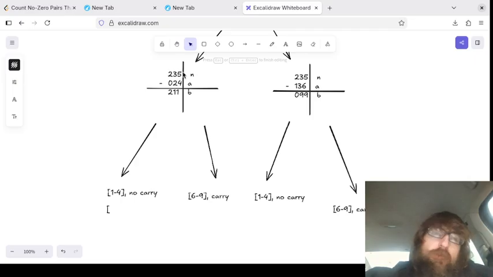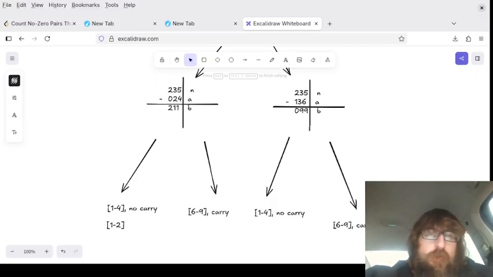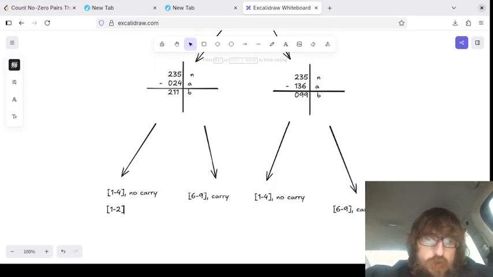Well, actually it doesn't matter if a carry or no carry. If there's no carry, then I can go up to less than 3. I can go 1 to 2, and that's also no carry. And then here, oops.